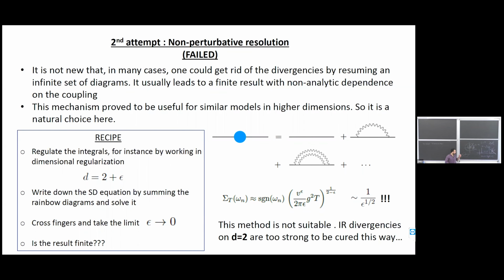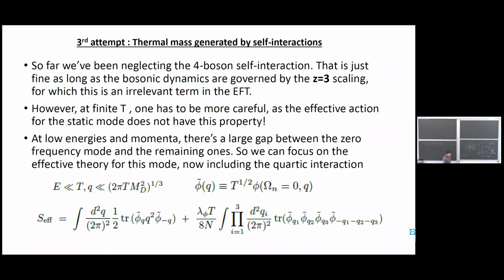So it turns out that the actual resolution of these divergences is a bit more subtle, and it can be achieved by bringing in some interactions that we have discarded so far, because they were irrelevant at low temperature. And these interactions are the quartic interactions, of course.